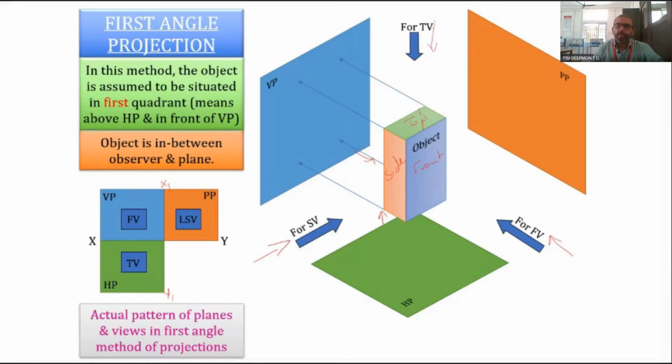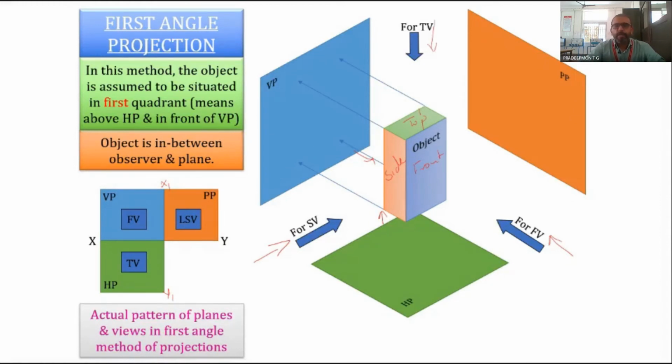Because in order to represent this particular plane, we need only the 4 corners. If we have all the 4 corners, we can join them. So the 4 corners of the object emit light which is perpendicular to the vertical plane.